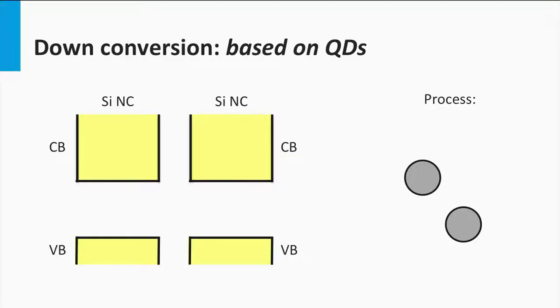Here we see the electronic band gap diagram of two nanoparticles. The particles are at a very close distance from each other, in the order of a nanometer. In one particle, an electron is excited into the conduction band.